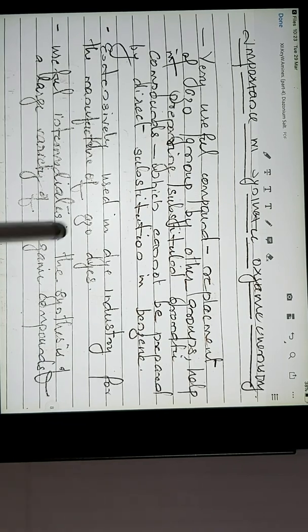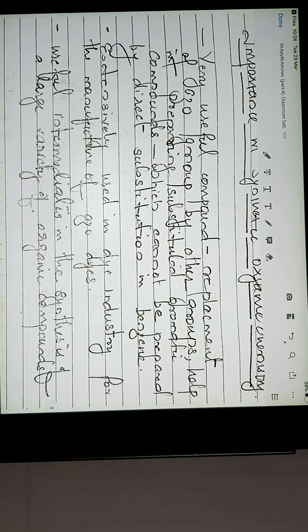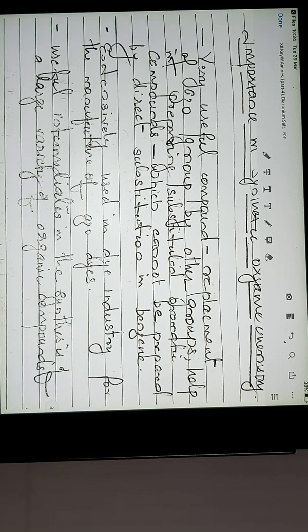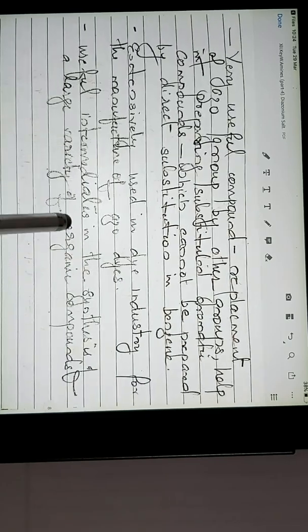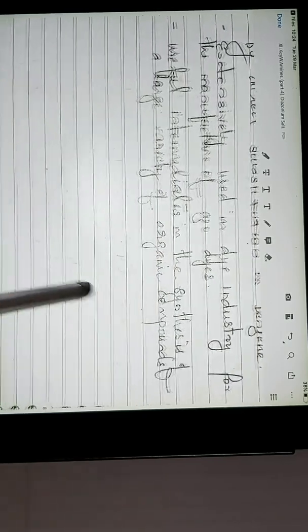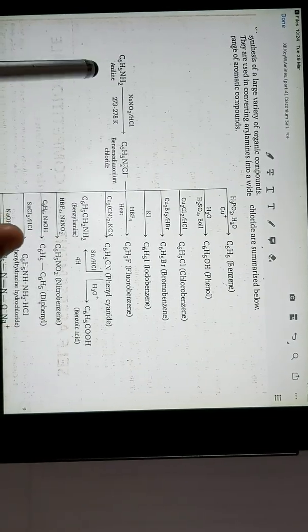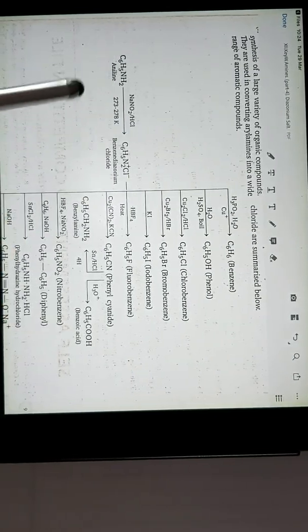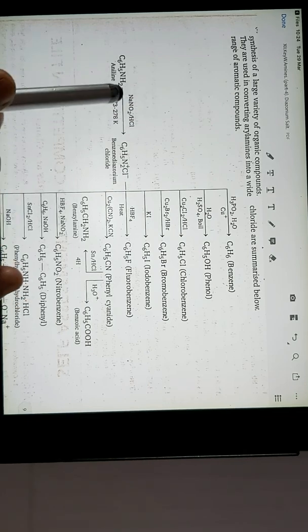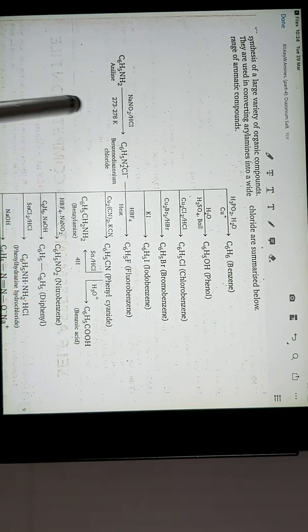Now azo dye production: azo dyes, the different colored dyes used in textile industries and all, are very important, and for the preparation of azo dyes these diazonium salts are used. Then it acts as an intermediate in the synthesis of a large variety of organic compounds, and here is a quick look. You can see aniline undergoing diazotization with sodium nitrite and HCl in ice cold condition to give the diazonium salt.